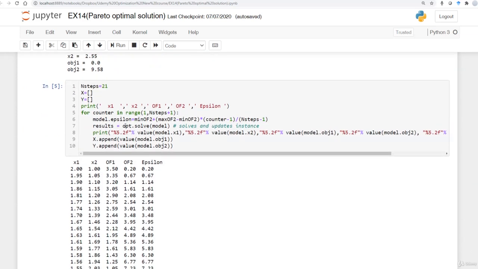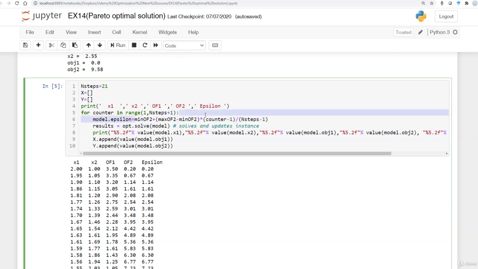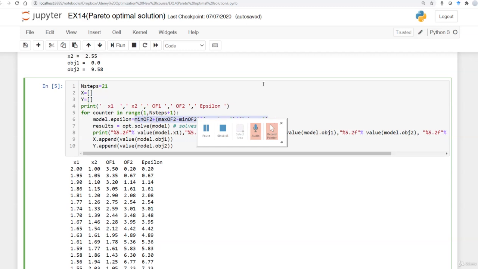Okay, so look at here. I write down a for loop, and at each iteration, I am updating the value of the epsilon. So at the first iteration, it is minimum OF1, and at the final one, it becomes maximum OF.